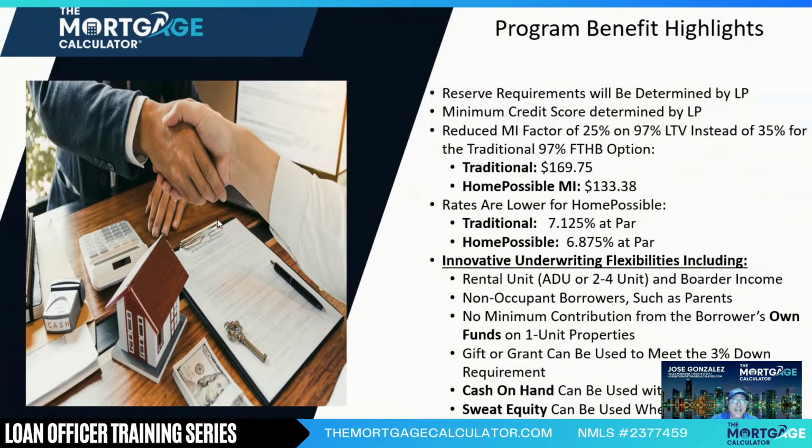So let's highlight our program benefits here. Reserve requirements, as always when we have AUS, will be determined by LP. The minimum credit score will be determined by LP. What do I mean by that? There is no minimum credit score requirement. Realistically, if you're going through AUS, if the system doesn't like it, it doesn't like it.